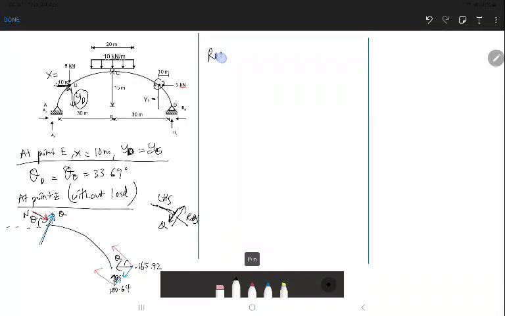Resolve in q direction first. So I want this direction positive, so this direction positive. Okay, you get q.